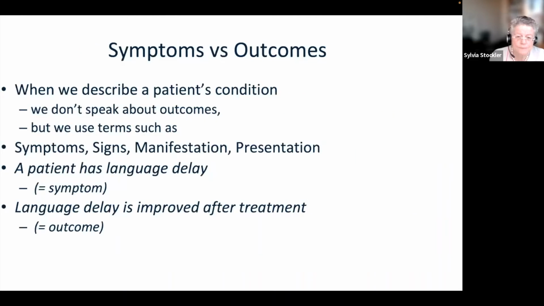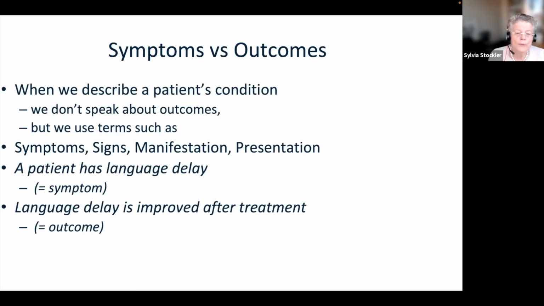So where do these outcomes come from? How do we know what could be a good outcome to measure? And then we have to go back to what we understand by symptoms.